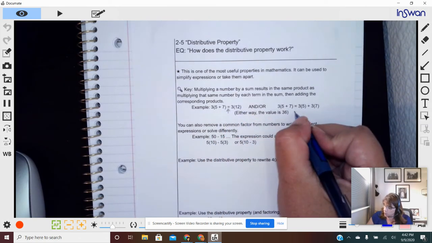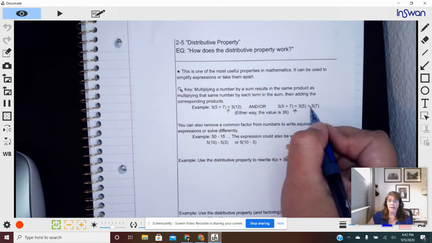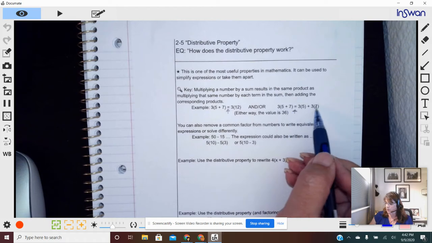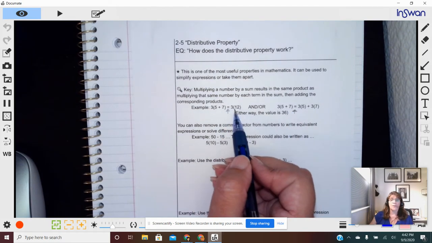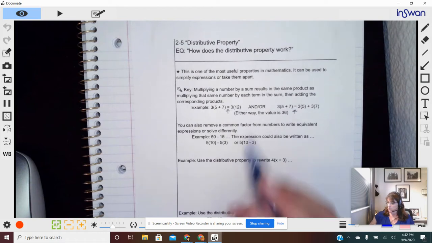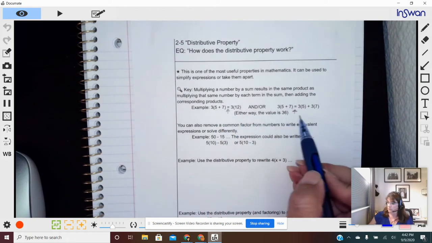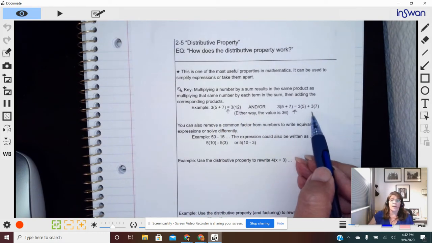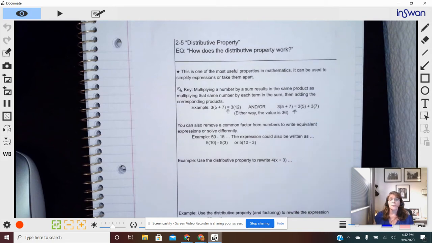So if this equation is true, which it is, then you can put an equal sign and say, yep, those values are the same. Why are they the same? Because of the distributive property. Okay, so the property, again, is just a law pointing out something that you could show. You knew mathematically that those were true.